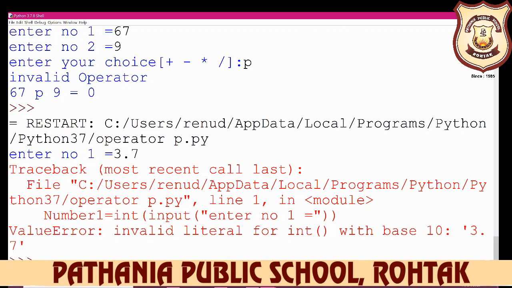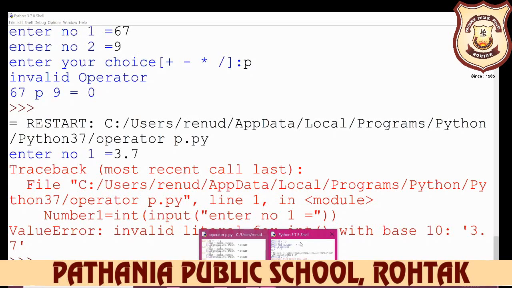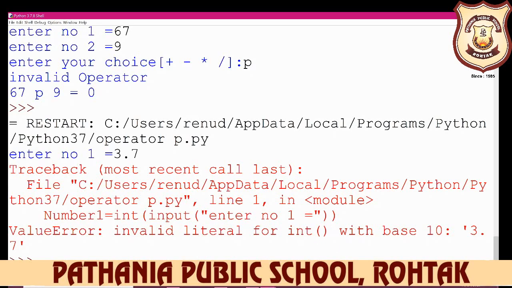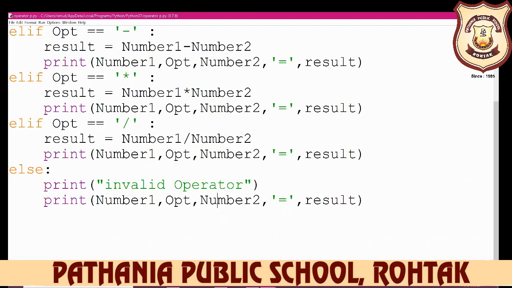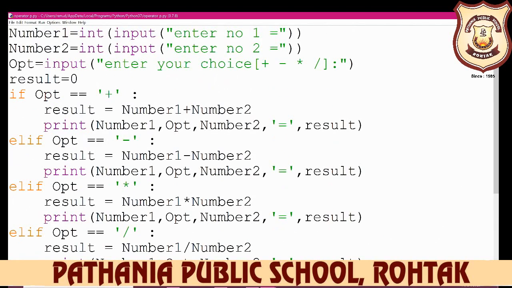Because we have taken 3.7, and in our program we have taken integer here. But 3.7 is which type of number, which data type? Your floating data type. So you change it to float. Float means floating point. And when you take the float, then you can input decimal values here.